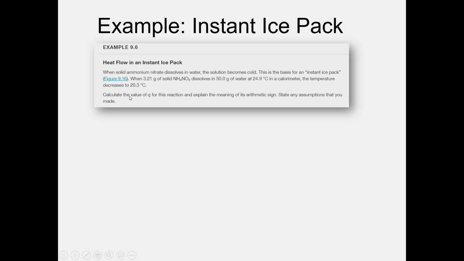We would like you to calculate the heat flow value Q for this reaction and explain the meaning of its sign. So once you've calculated Q, check to see if your Q is positive or negative, and articulate as part of your answer what that means about the reaction.